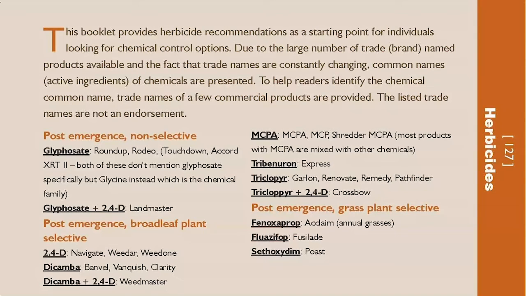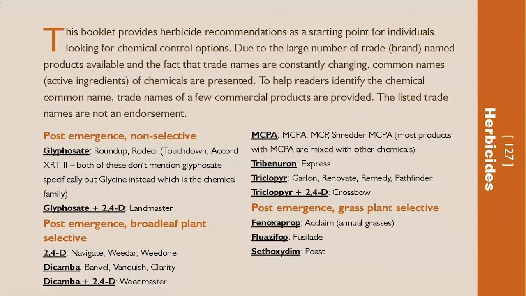So we have post-emergent, non-selective herbicides, glyphosate plus 2,4-D. And then we listed some common trade names. This is not an endorsement. We're not saying that these are the greatest products in the universe. These are common products that people will recognize the names to go with that chemical name.